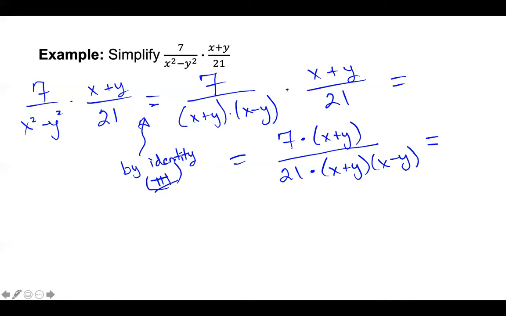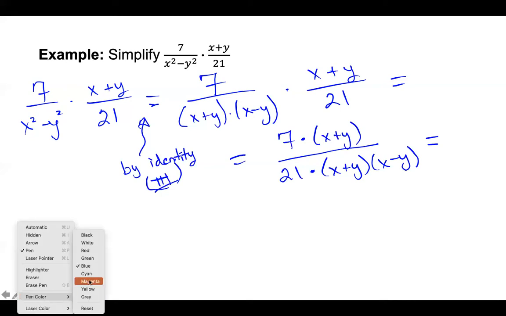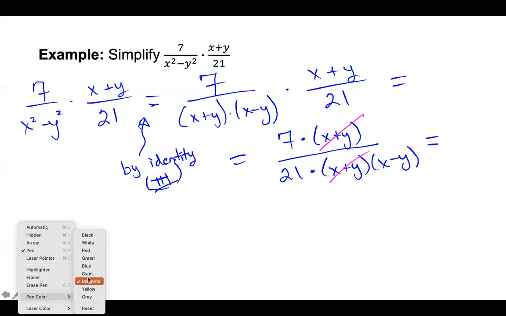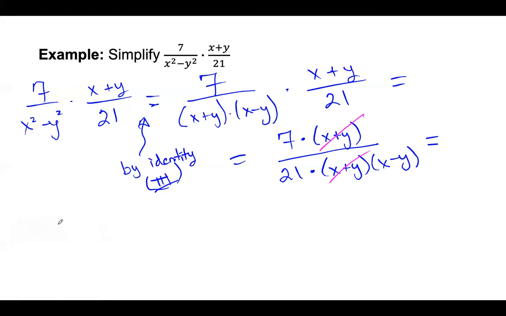Well, we see something clearly can cancel here. This one and this will cancel. And we're left with, let's rewrite it, 7 divided by 21 times x minus y.